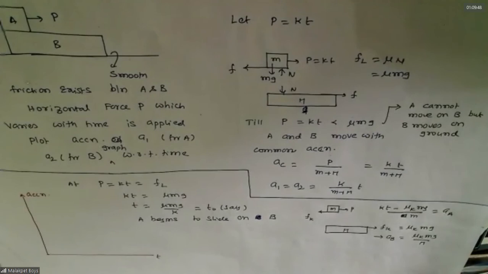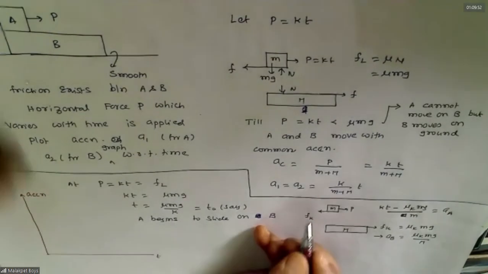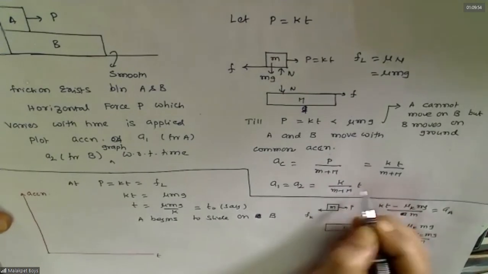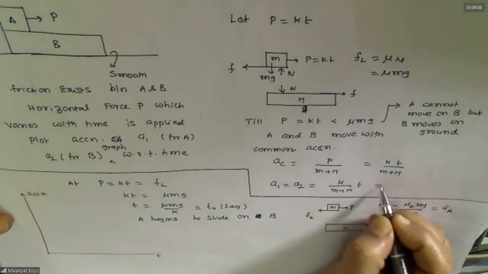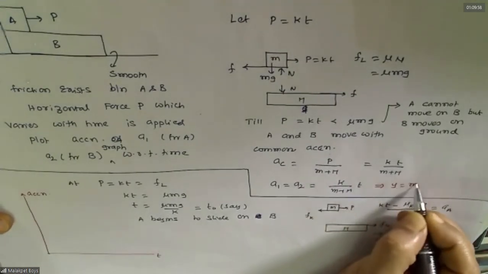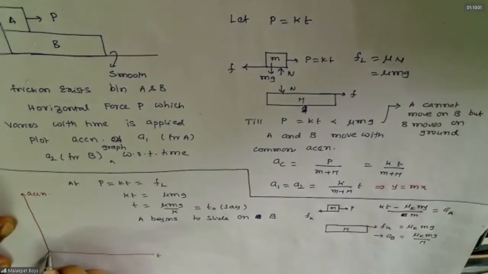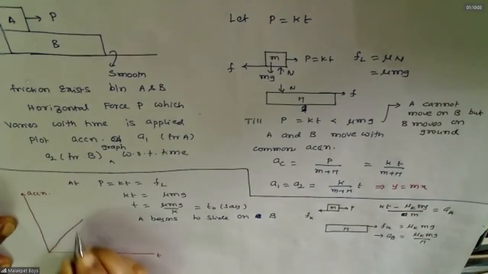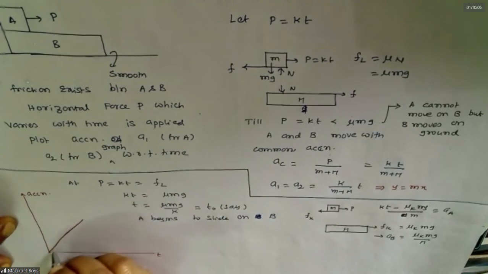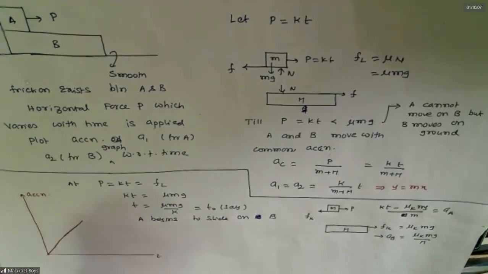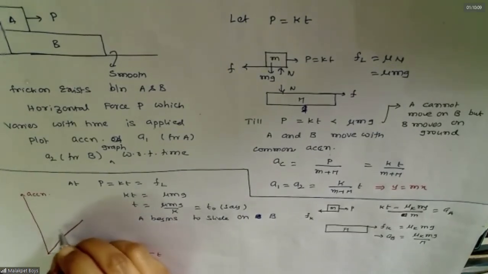Yes, sir. Now you can see that, see, this is of the form what? Y is equal to mx form only, no? Remember? Yes, sir. F is equal to ma. Followed. So this is A1 and A2. You will have this only, no?